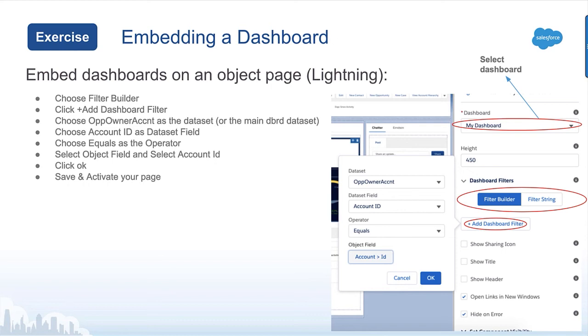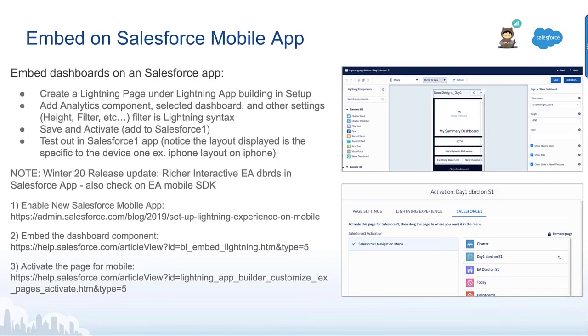Even if I have multiple data sets, I can do that. And as a recap, I can embed on the Salesforce mobile app. What we talked about in this video is embedding the dashboard on the Salesforce mobile app at the record level, which was not available, let's say, a couple of releases ago, as of the time of recording this video.